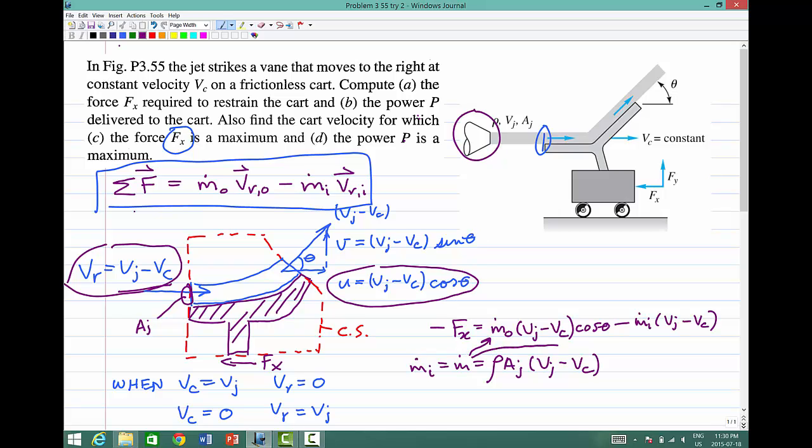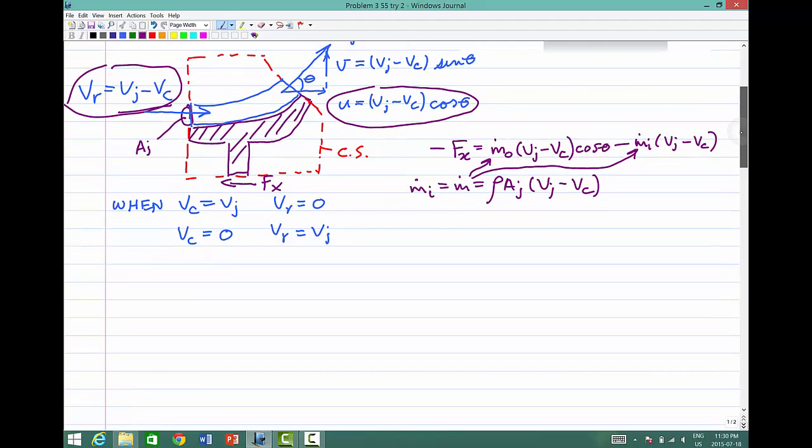Let me open up another page and scroll so we can see the problem here. So now I'm going to make this substitution, and I'm just going to do a little bit of rearranging as well. So we get that Fx equals rho a jet. I've brought the force over to the other side of the equation to get rid of the negative sign.